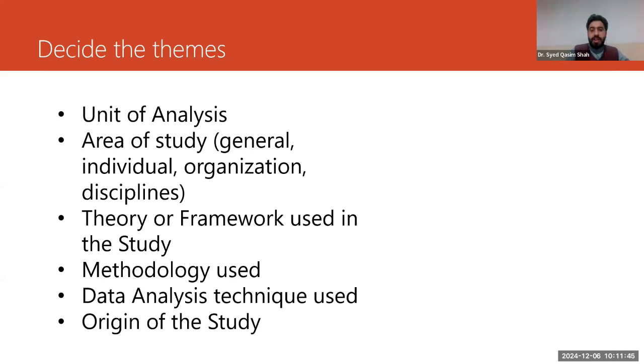The next important thing is area of study. What was the area? That was general, like it's not talking about any individual organization or any discipline. It's just generally talking about a certain phenomenon. Or let's say it's talking about a certain individual, an organization, a particular organization they are targeting. And then the theory or framework that has been used in that study.